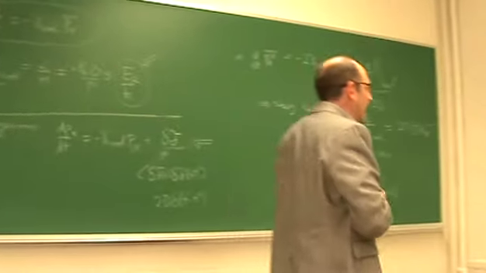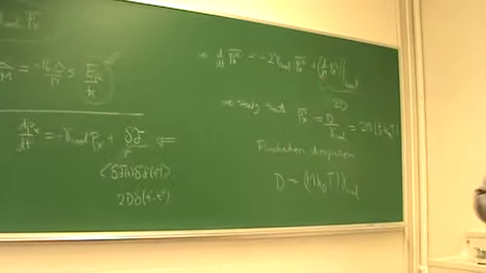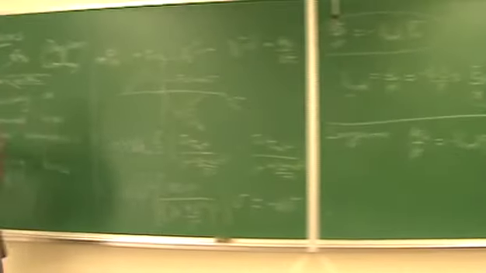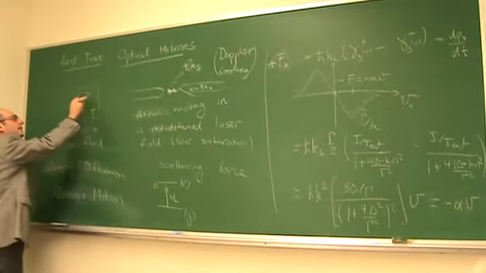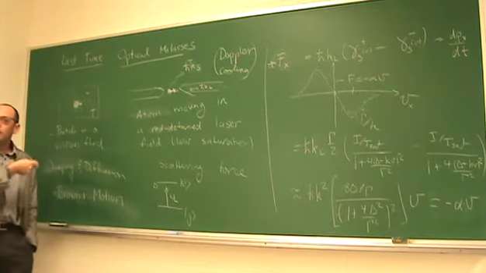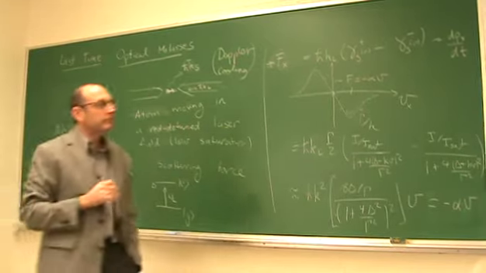Okay? And if we wanted to see the fluctuations, then in addition to this average damping force, we need to include the random forces that are analogous to these random collisions that occur in a viscous fluid.